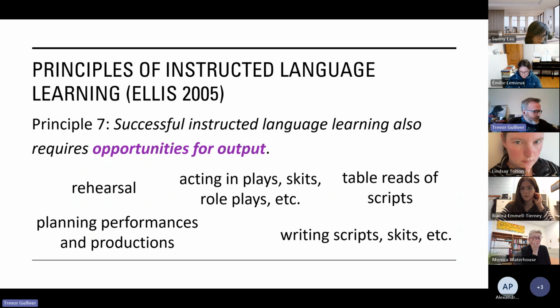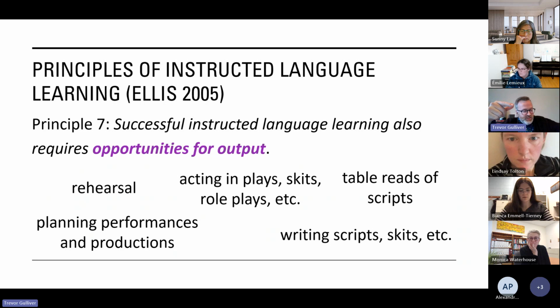All of these provide opportunities for output, reasons for that output, support in producing that output, high expectations for the quality of that output, and opportunities to reflect upon and gain further control of that output. So I think the opportunities, the space there, is very much supported by drama activities.